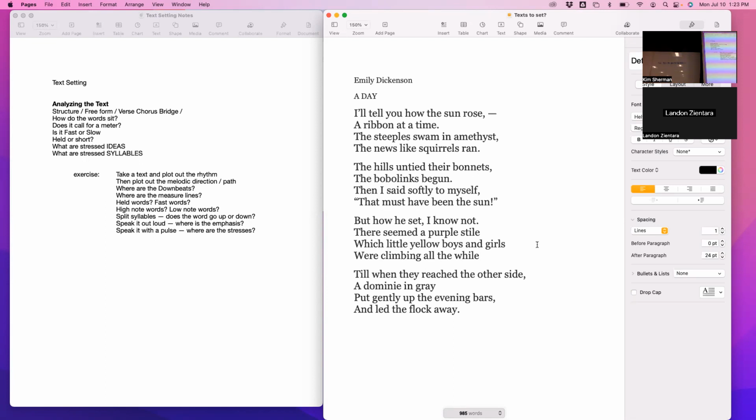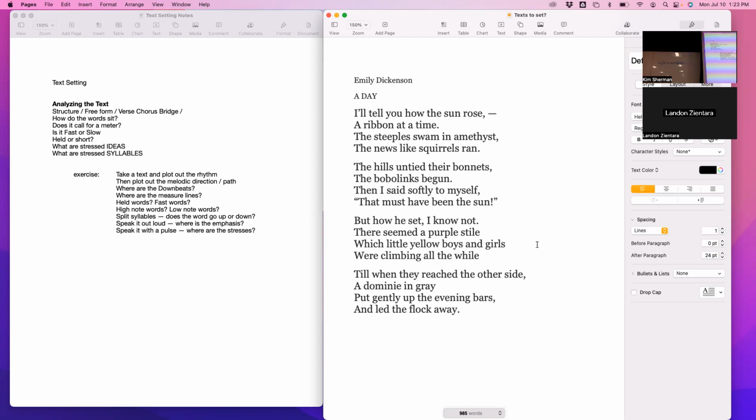I'll tell you how the sun. Do you think a measure bar is right here? Yeah, so I'm going to put a measure bar in there. I'll tell you how, do you think sun is another downbeat? Okay, so let's say here are two measure bars.